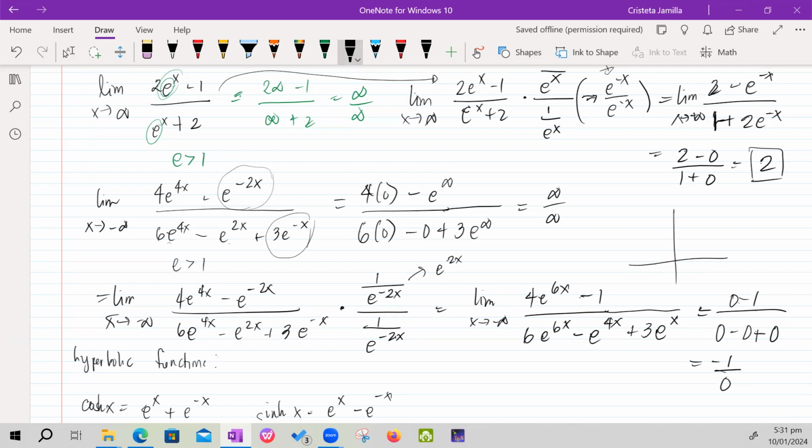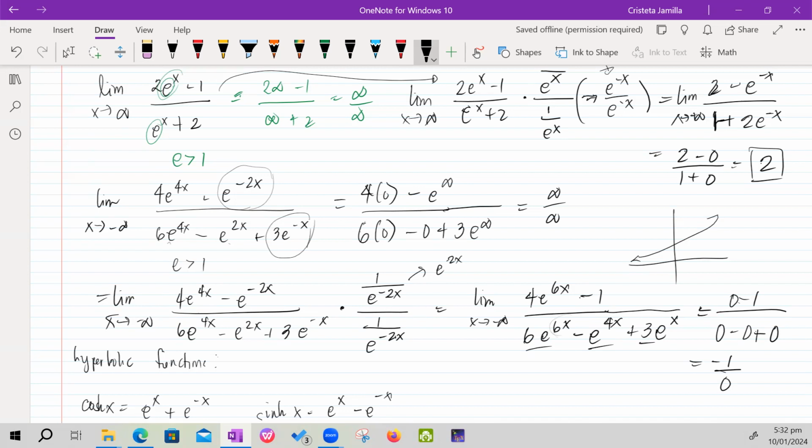Notice that exponential functions are always above the x-axis. So no matter what, these terms in the denominator are all positive. Moreover, if you increase the exponent here, you'll get a very large number.